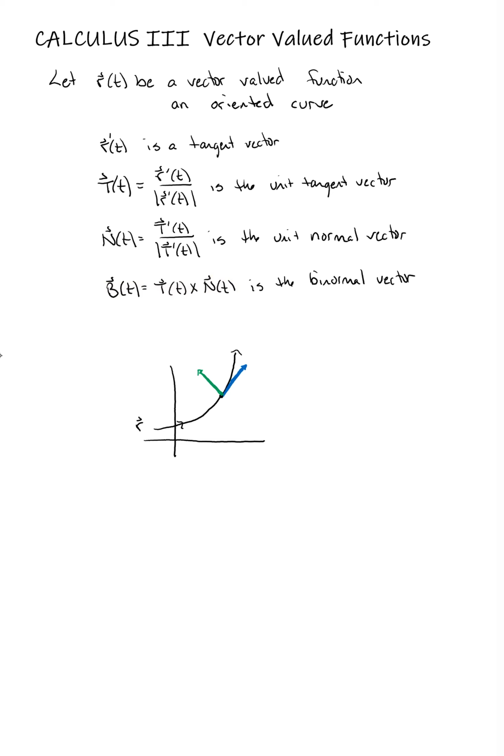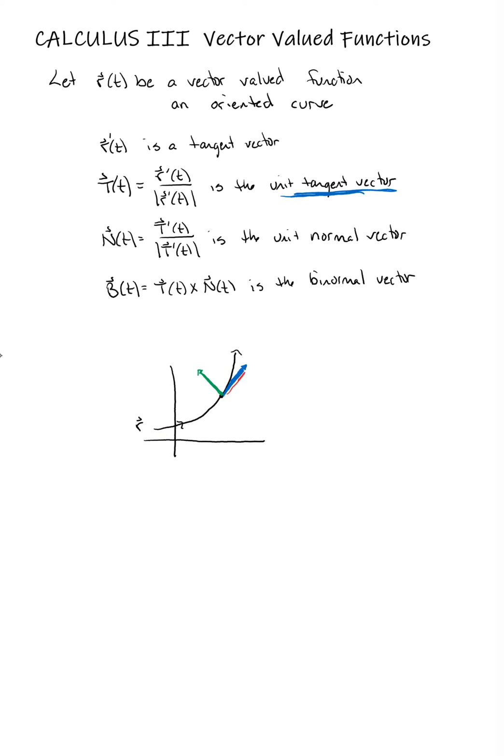So again, here we have our vector-valued function r. It is oriented, going in one particular direction. And then the unit tangent vector, you'll notice, goes in the direction of the curve, so it's still going in the same direction.